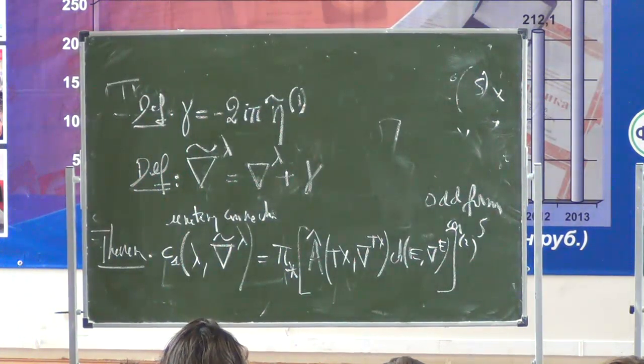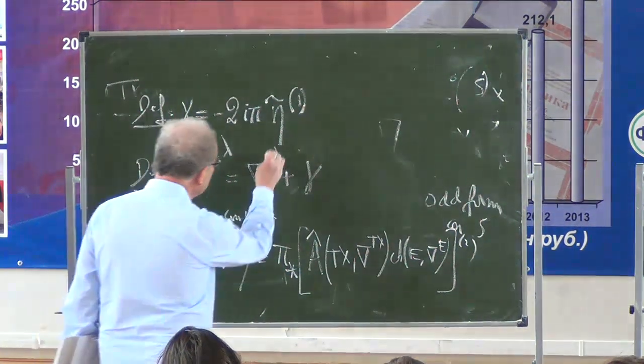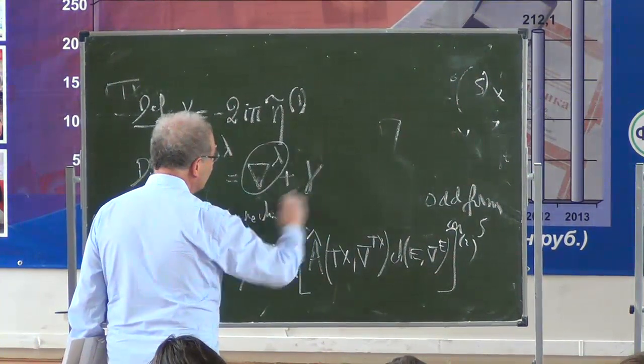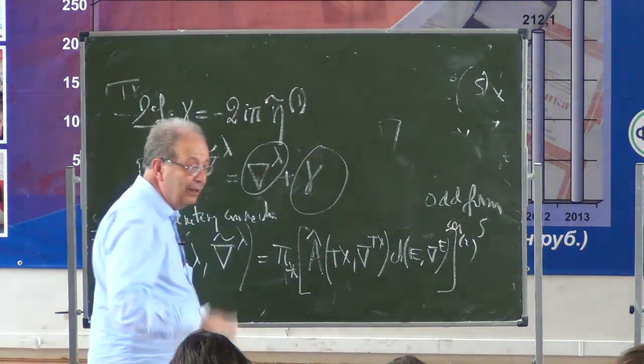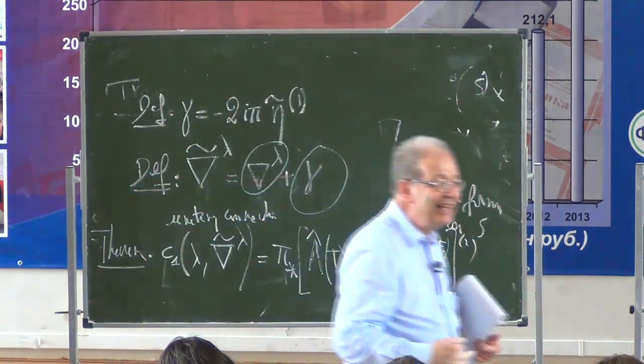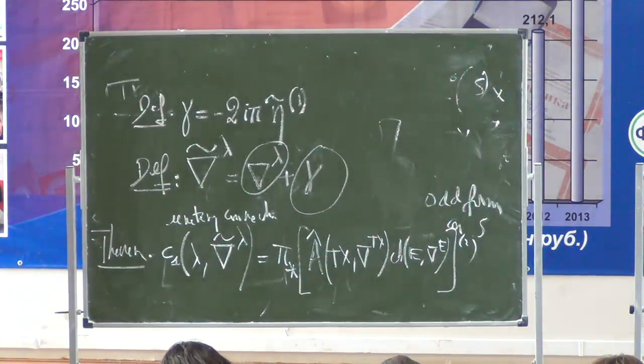But of course the price to pay is that we have had to correct this global connection by a complicated object which in some sense sees the full spectrum of the operator d squared in the fiber and also its deformation.